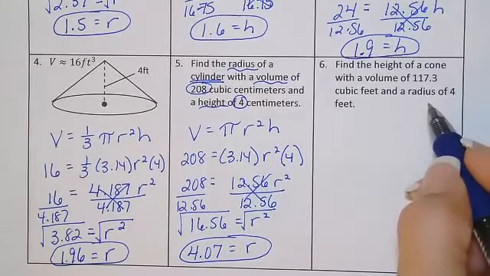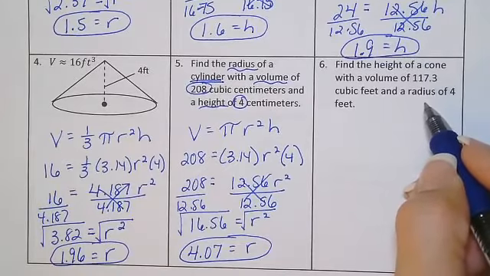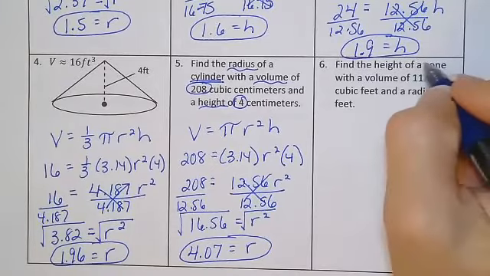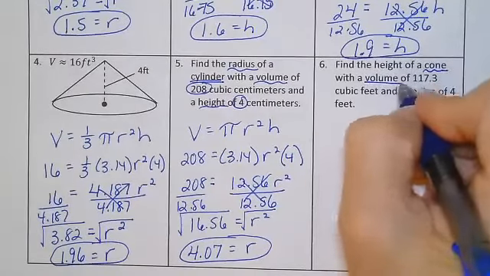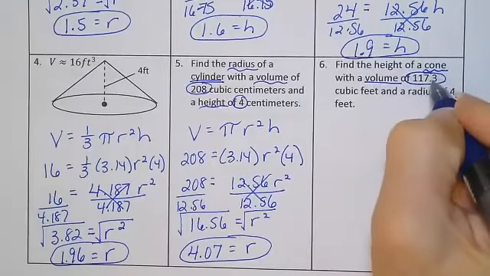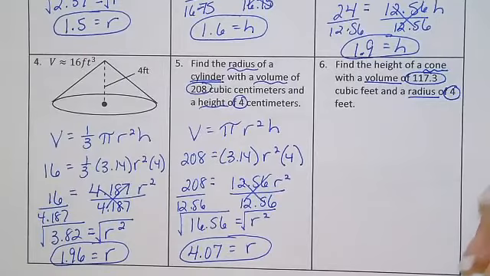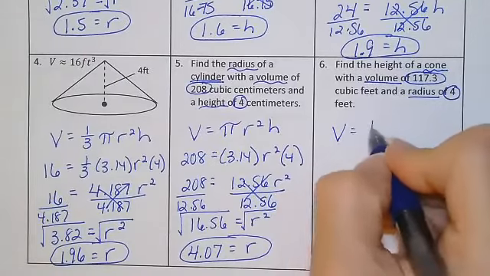All right, find the height of a cone with a volume of 117.3 cubic feet and a radius of 4 feet. Okay, so we need to find height of a cone. Volume is this, and radius is this. So let's start with our volume formula.